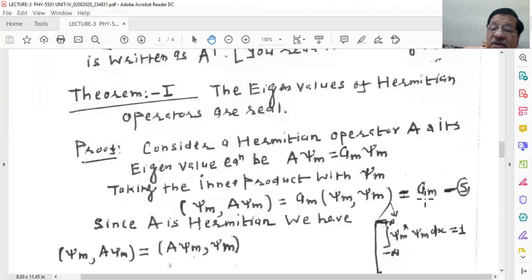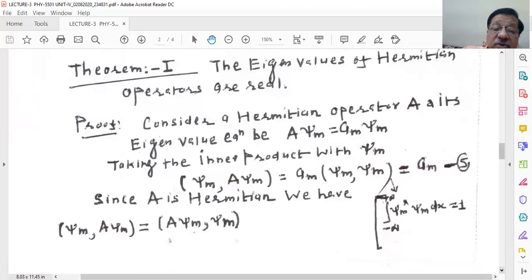So let us write down, this is equation number 5. Now I want to prove that this is real, so let us go for that. Now you know this A is Hermitian, and if A is Hermitian, then this scalar product psi m with A psi m can be written as A psi m with psi m.